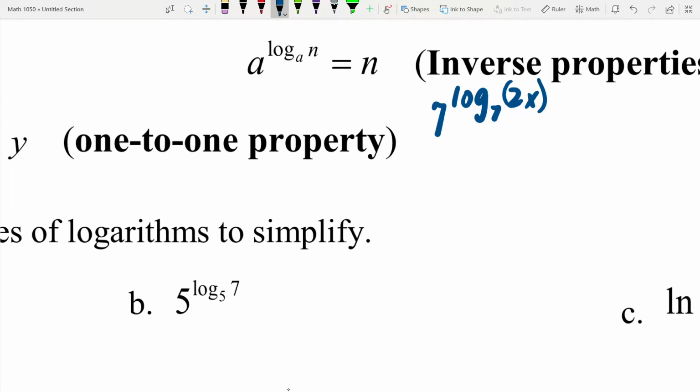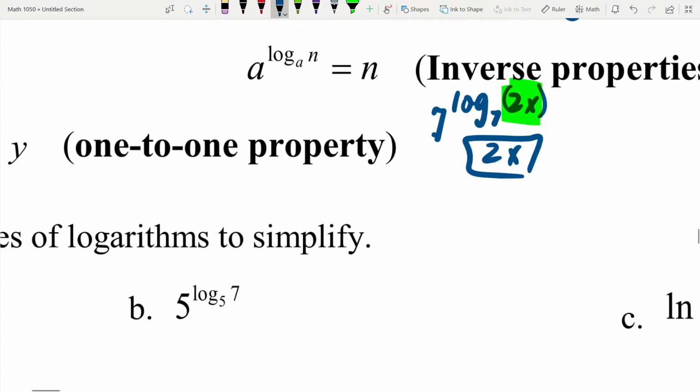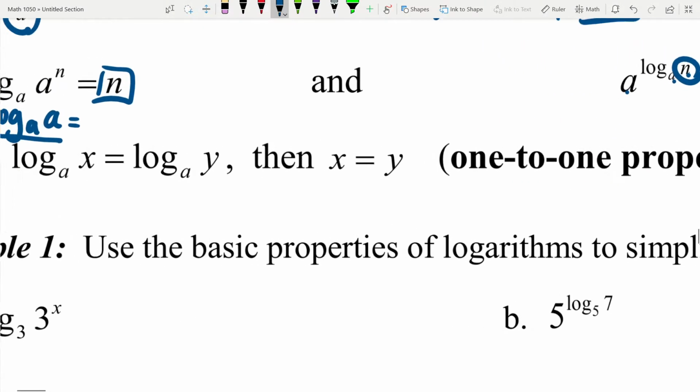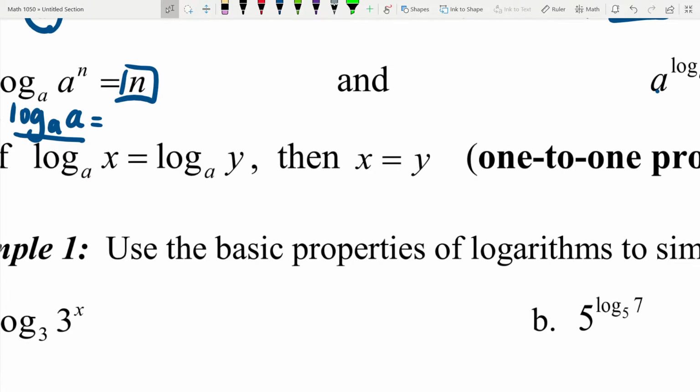So if this number is raised to a log and the bases match, then your answer is always just whatever is right there. So your answer would just be 2x. Okay, so this guy, a raised to the log base a of n, your answer is right there, which is n.